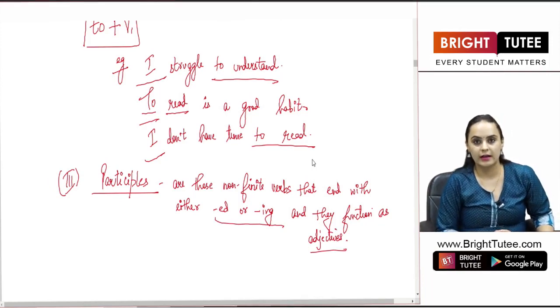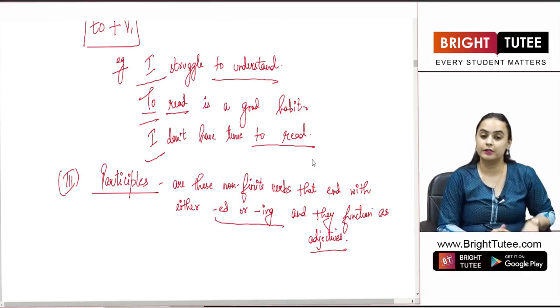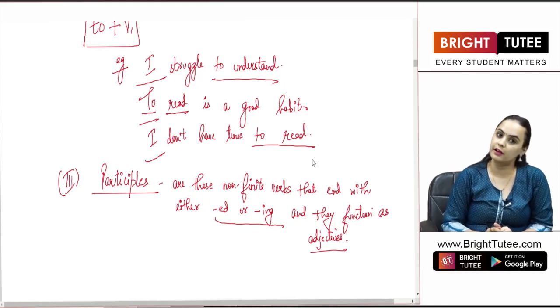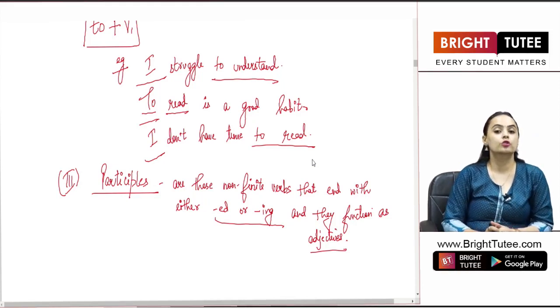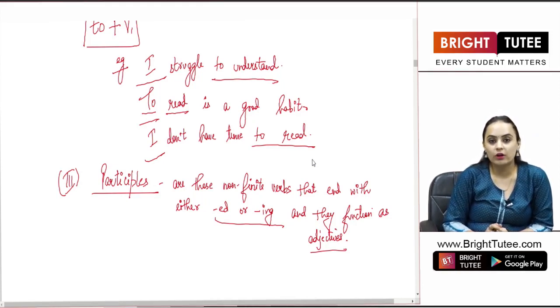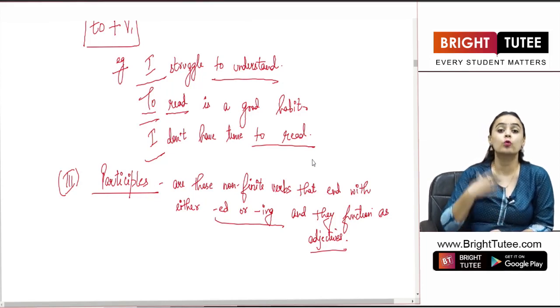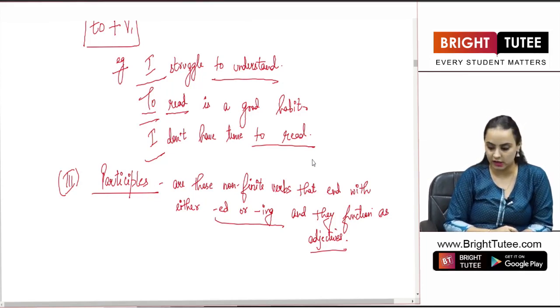We all know what adjectives are. We have seen it in the chapter where I taught you about adjectives. Those words that tell us the quality of a noun, something that qualifies the noun, is an adjective.